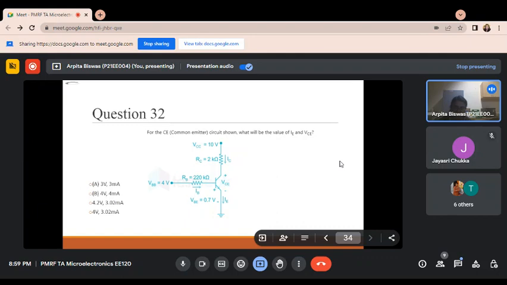From the first loop you have to find the value of IB, and then from the second loop from this VCC to this VCE, you have to put this value of the IB. So you will get an equation which is related to this IE and VC. Then you put each one of the equations' values there, and see whether it is matching or not.